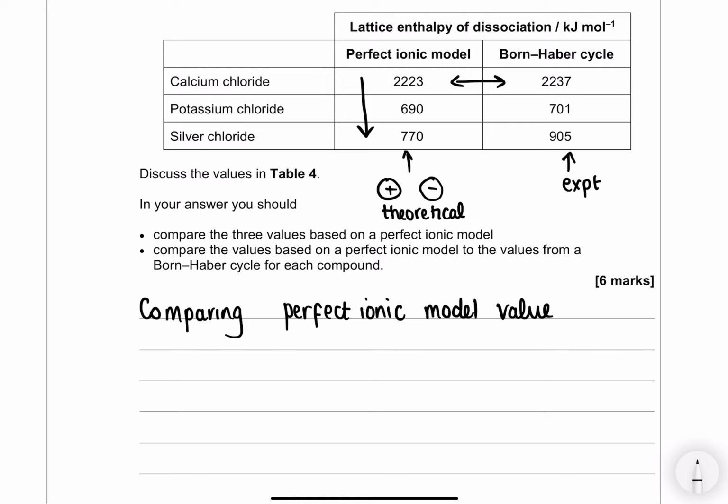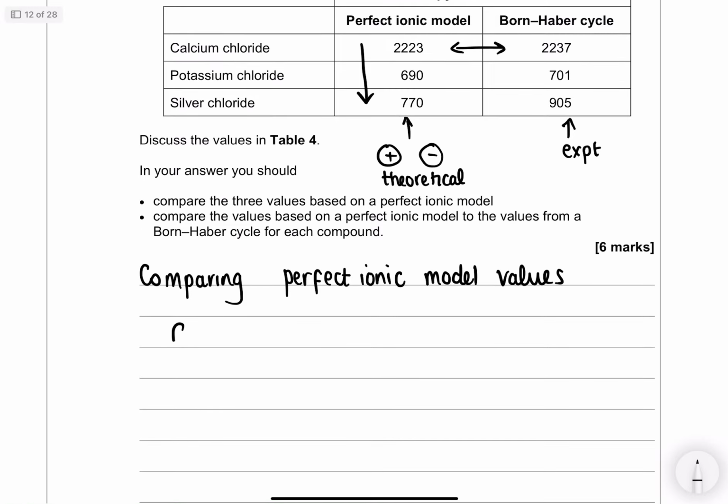Let's just state what we've got. Calcium chloride is greater than silver chloride, which is greater than potassium chloride.